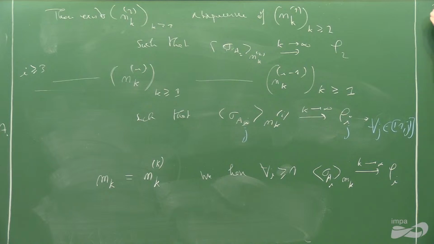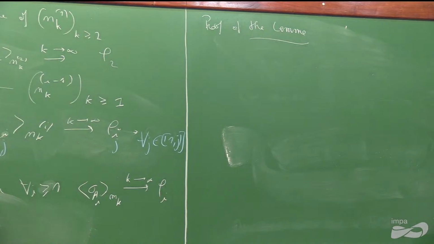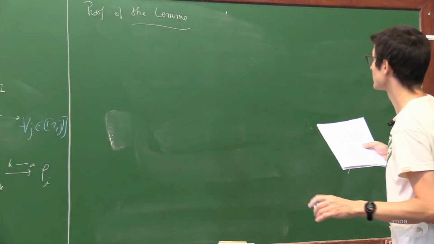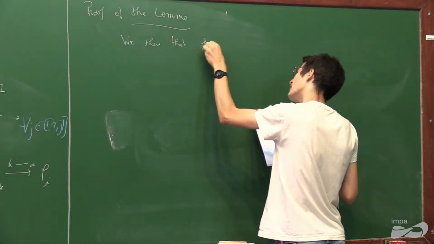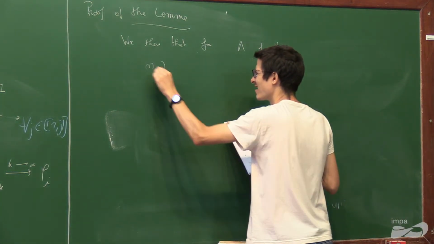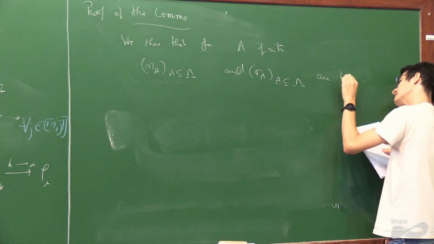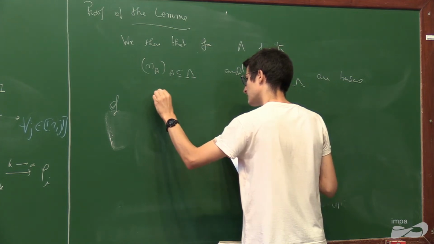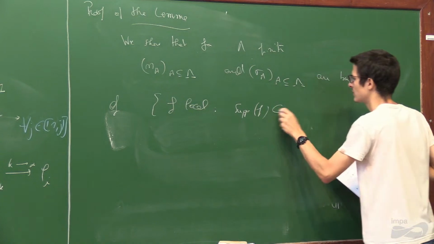Okay, so now let's prove the lemma. What we are going to show is that for lambda finite, the N_A with A included in lambda and the sigma_A with A included in lambda are bases of the set of local functions F such that the support of F is included in lambda.